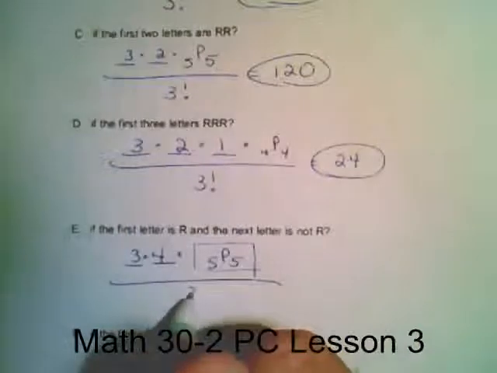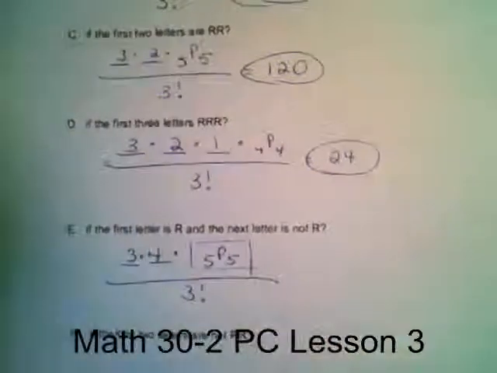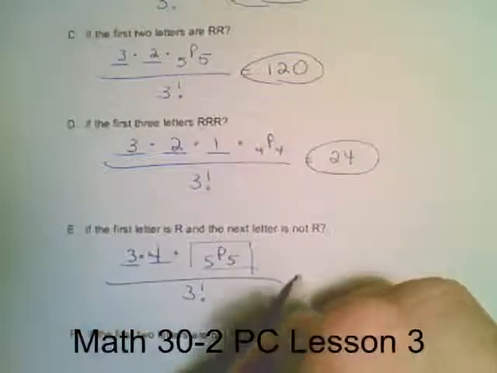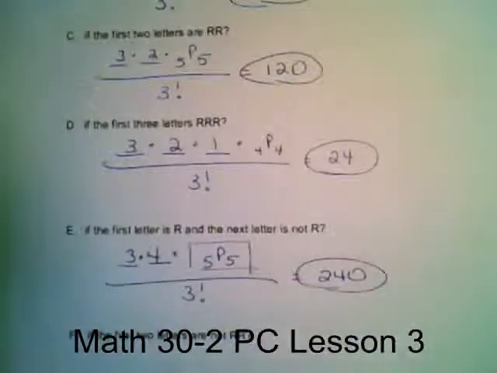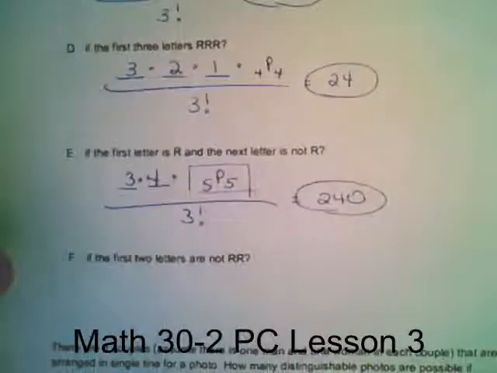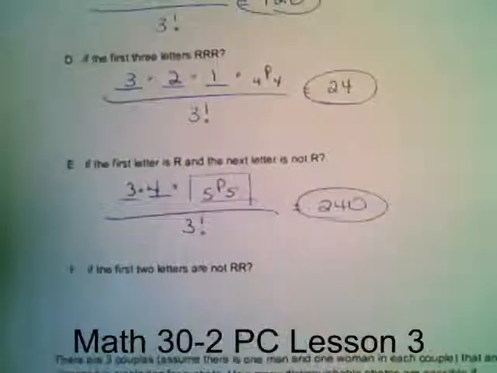Going with this one, the first letter is R and the second letter is not R. There are 3 choices for that first letter. And then, out of the rest, if the next letter is not R, I've got 1, 2, 3, 4 choices for that one. So that's going to be 4. Then I've got the remaining 5 letters.